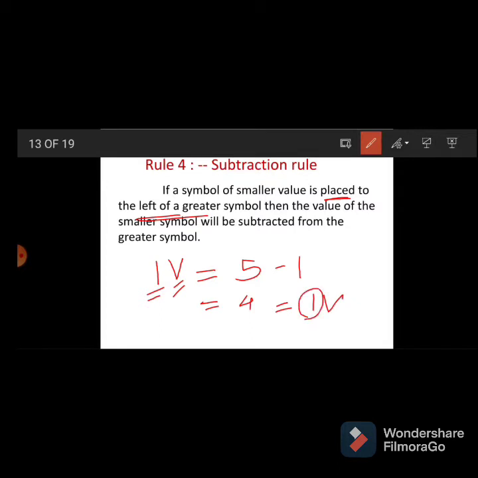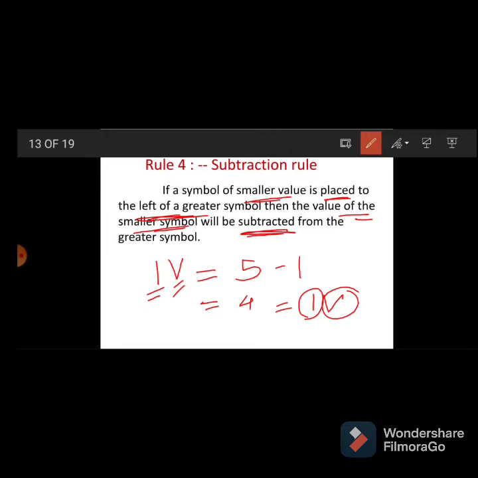I's value is smaller, V's value is greater. So remember this rule: if a symbol of smaller value is placed to the left of a greater symbol, then the value of the smaller symbol will be subtracted. And in rule 3, when written on the right hand side, then we have to add.